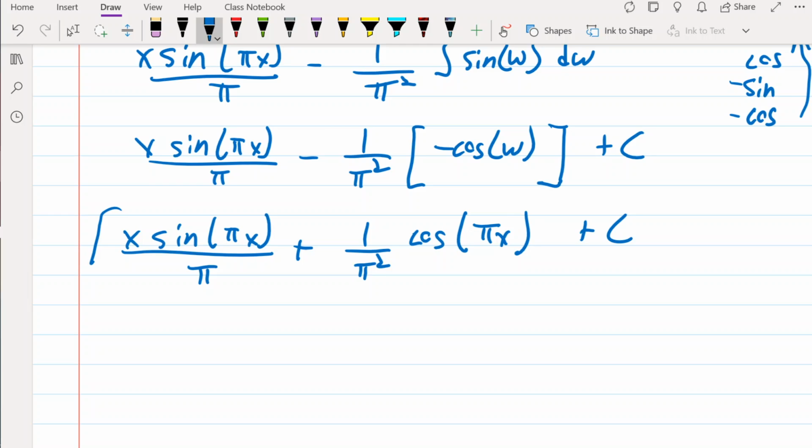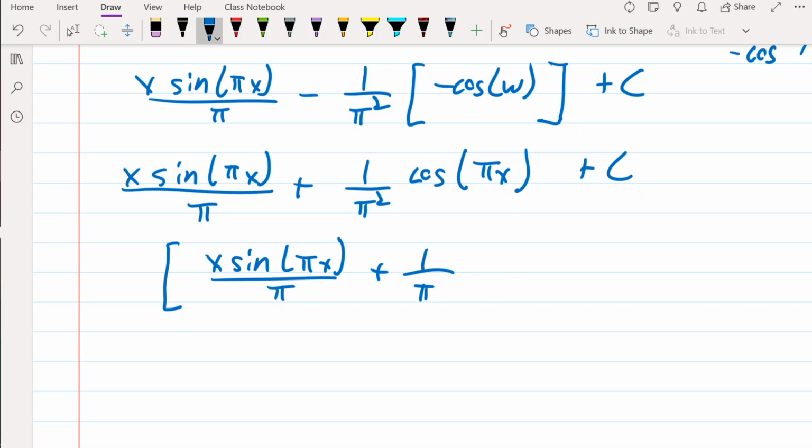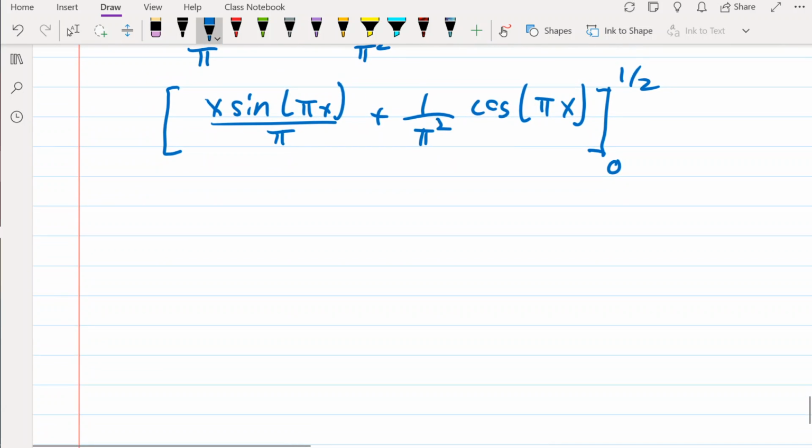So again, let's rewrite this for evaluation, which just means we drop the c and evaluate from 0 to 1/2. Alright, so we'll begin by inputting 1/2.